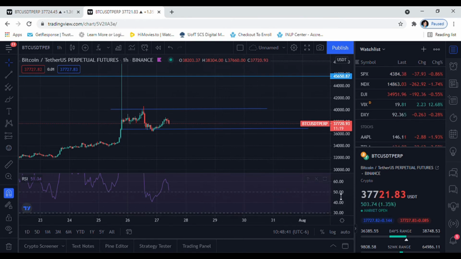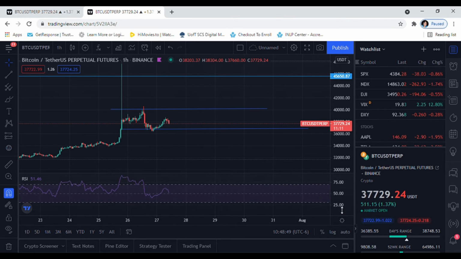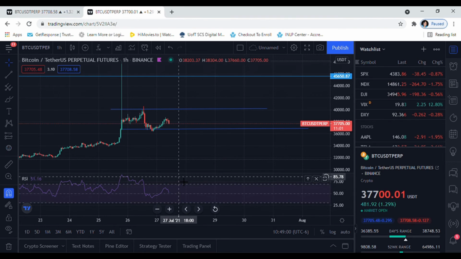And if it's at 70 or above, it means that the price of that asset has been overbought, and you should expect the price to crash back down. That's basically how it is.